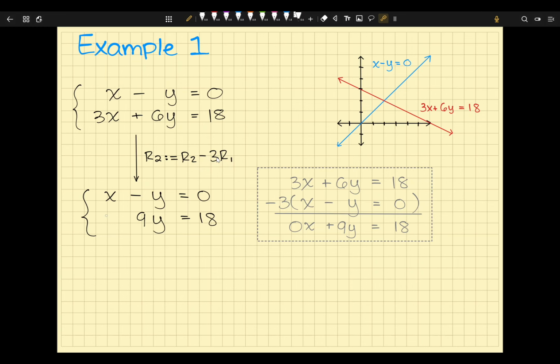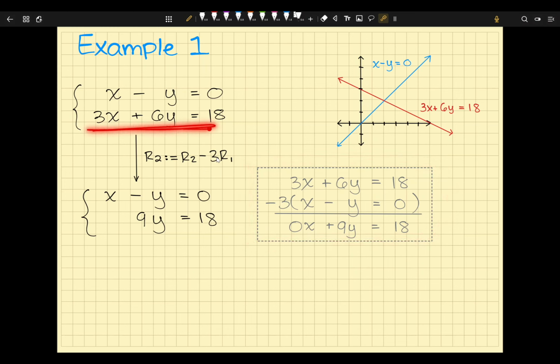And what this does is now we have lost a variable in the second row. So we've eliminated a variable, meaning we've simplified our system. But even though we've eliminated a variable, the solution has stayed the same.